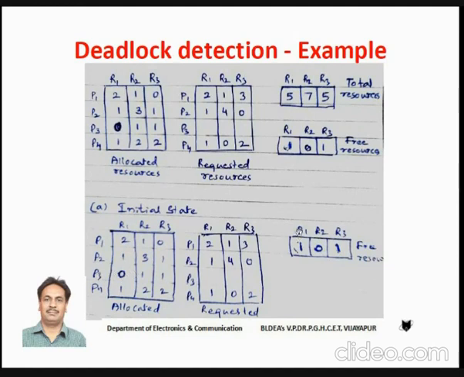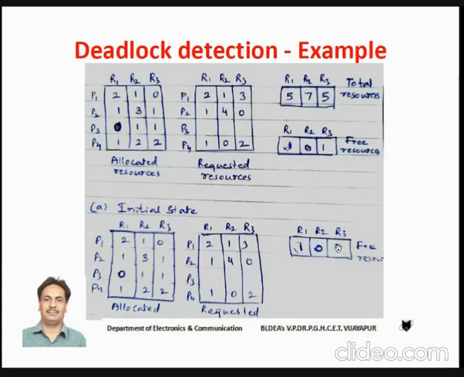So R1 will not be updated, R1 will remain 1, but P3 was allocated one R2 type resource. That resource released by P3 will be added to this R2: 0 plus 1 we get 1. Next R3: P3 was allocated one R3 type resource, which will be added to the existing one.